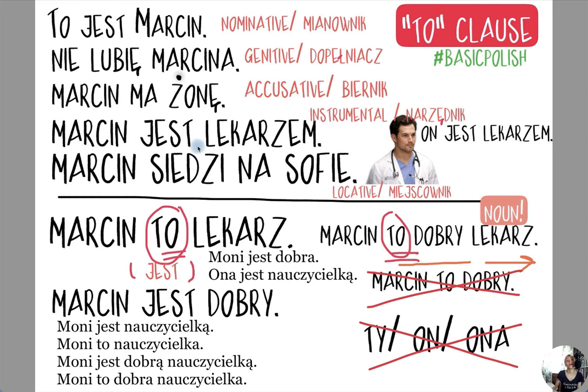And you also learned the locative case. In Polish, locative is miejscownik. And if we wanted to say Marcin is sitting on a sofa, we would say Marcin siedzi na. Marcin is sitting on. And this preposition on, na, in Polish connects with the locative case. Sofa becomes sofie, simply because it's one of those nouns that take the ending ie.